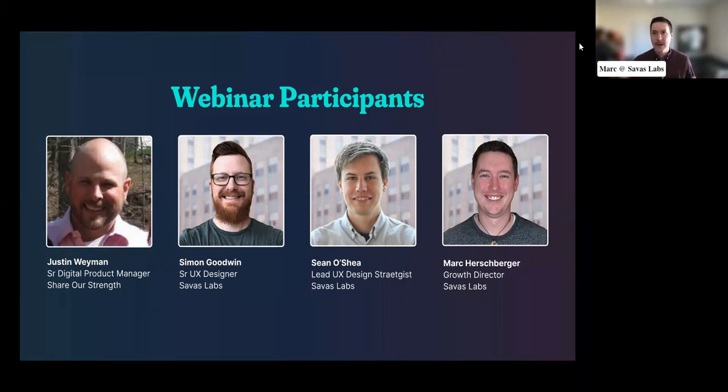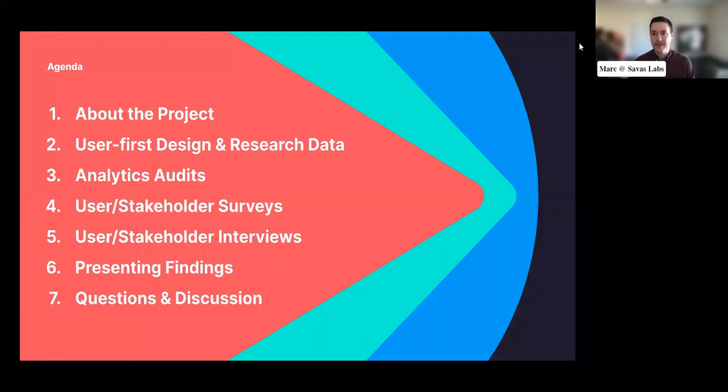And let's learn a little bit about what we're going to be talking about. So we're going to start off today's workshop going through what project brought us in here today that gave us the idea to share this information with you. We are then going to start with some foundational aspects of user-first design, talking a little bit about how we approach design in general and how that affects user research.